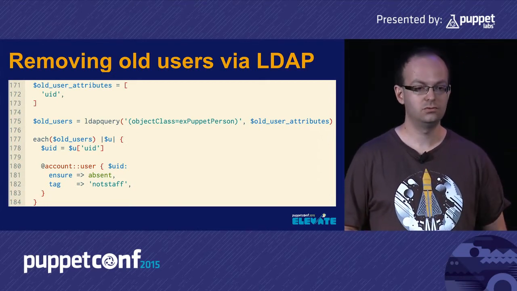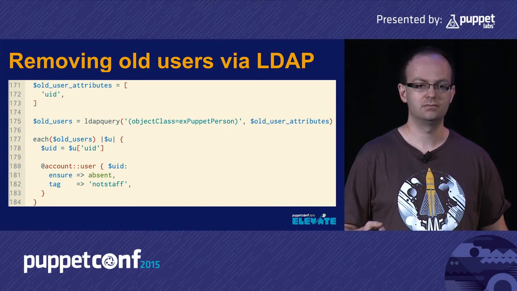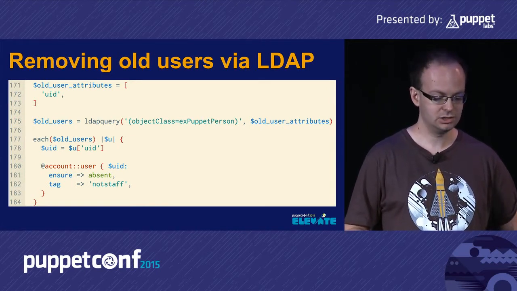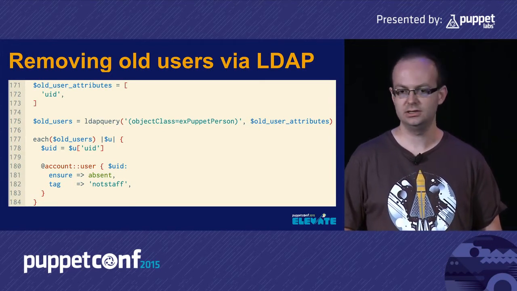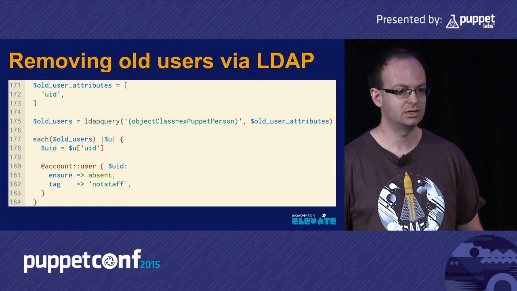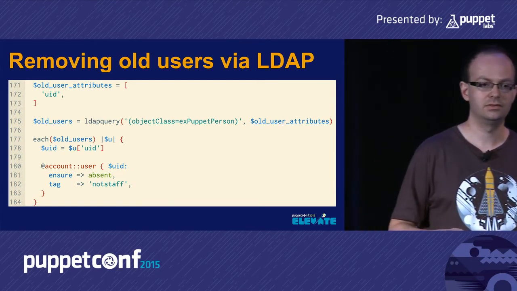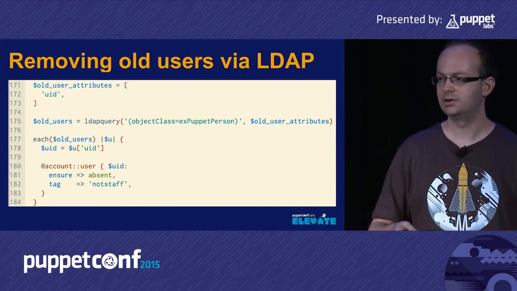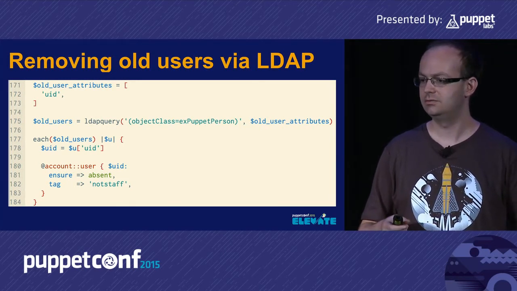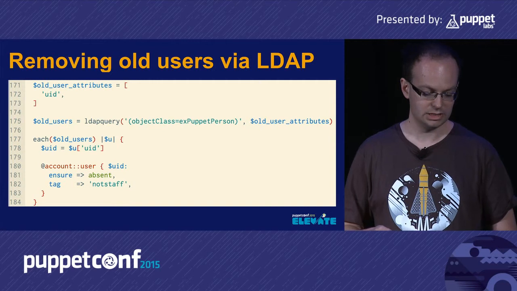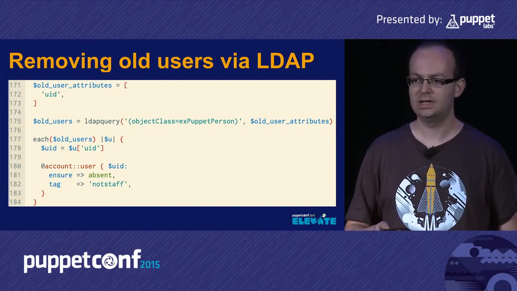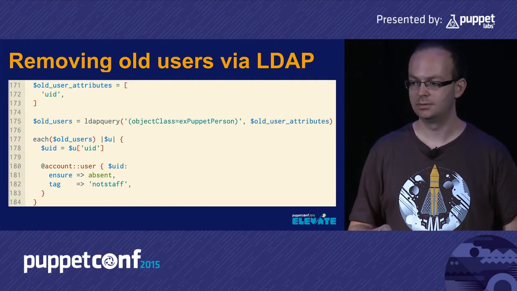It looks for ex-Puppet persons, people tagged in LDAP. It finds a list of them, and then it iterates over that list and makes sure that those UIDs are ensured absent and tagged not staff. Not staff gets realized everywhere, so when somebody leaves, their accounts get purged. Since he did some work to synchronize the UIDs, that works whether they were created in LDAP or not.